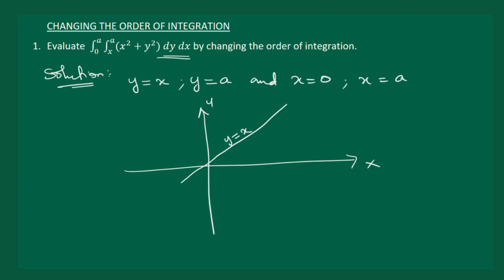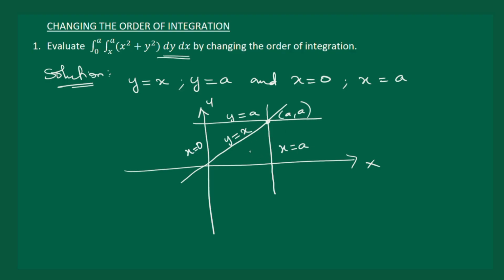What about y equals a? It will be parallel to the x axis, y equals a. Similarly, what about x equals 0? This is the y axis. What about x equals a? It is another line parallel to the y axis crossing at x equals a. So this will be the point (a, a).